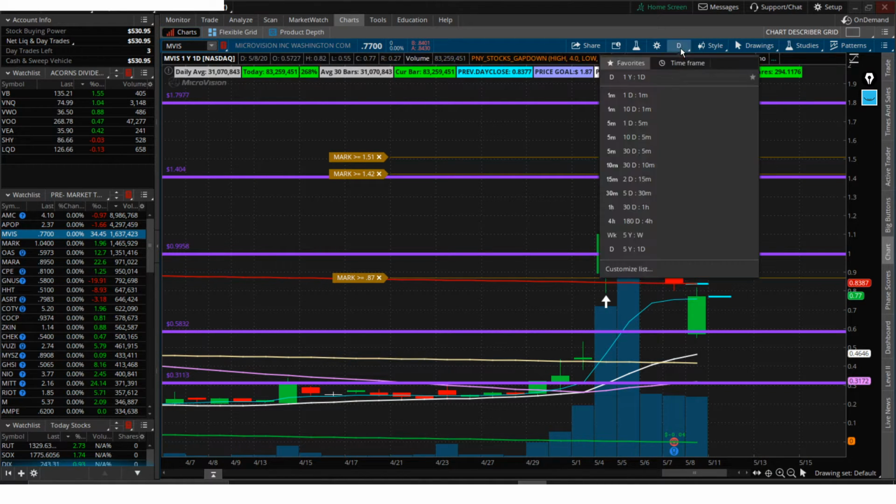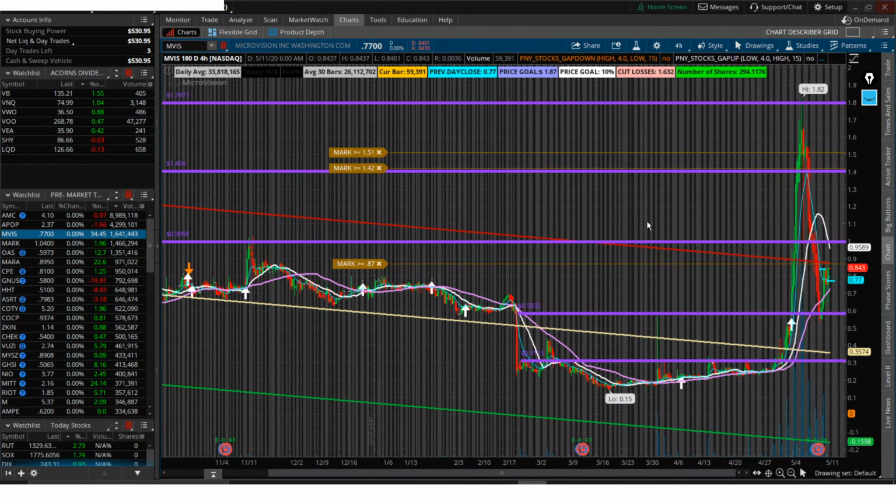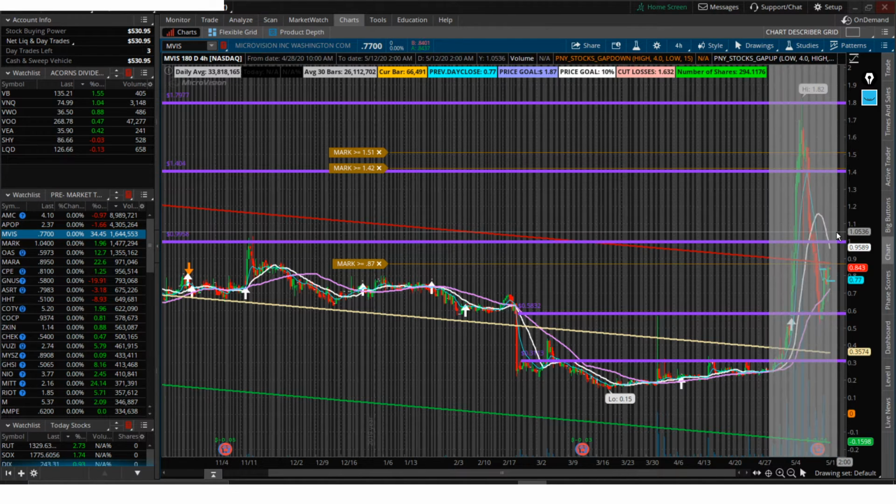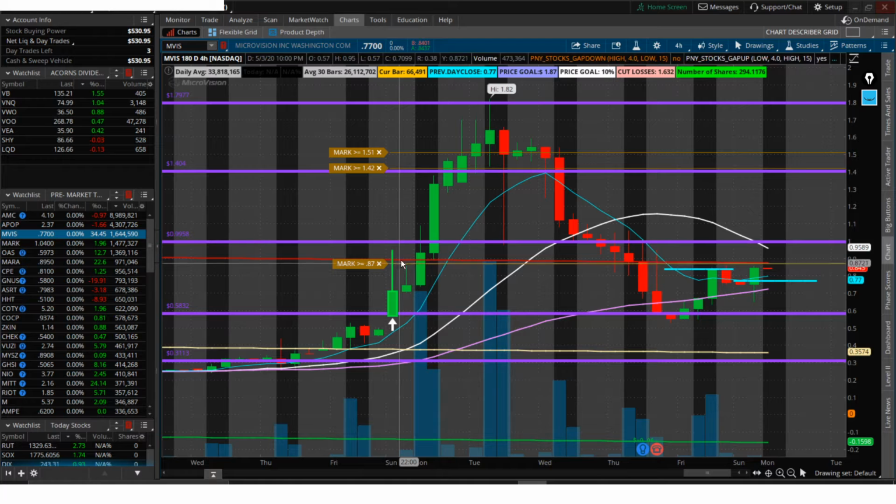But let's look at a different time frame, which is the 4-hour time frame. Same thing, it did surpass it a couple days ago, where it surpassed the channel, stayed up there for a little bit, and then sold off.